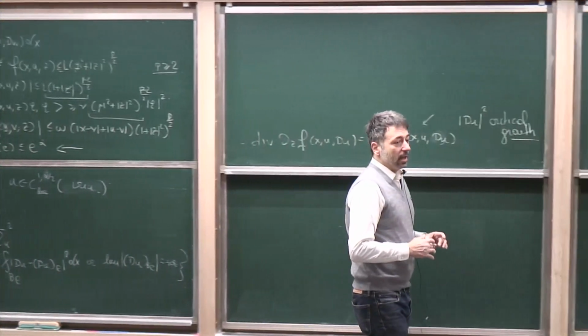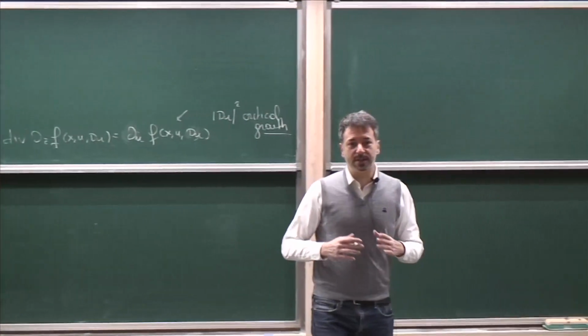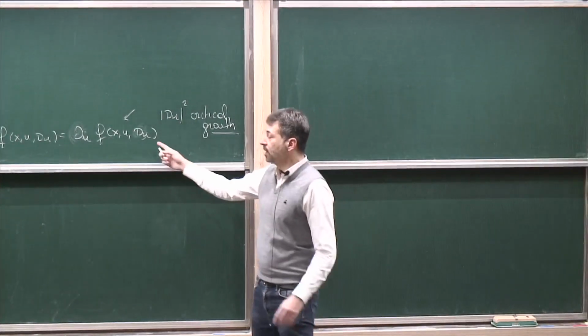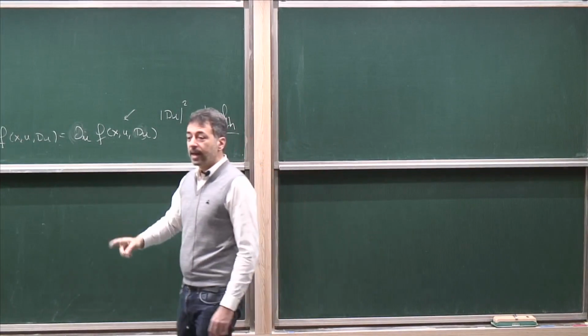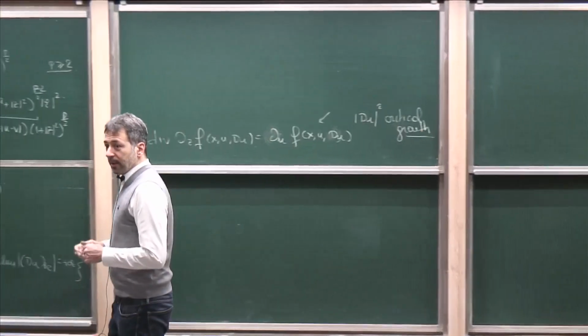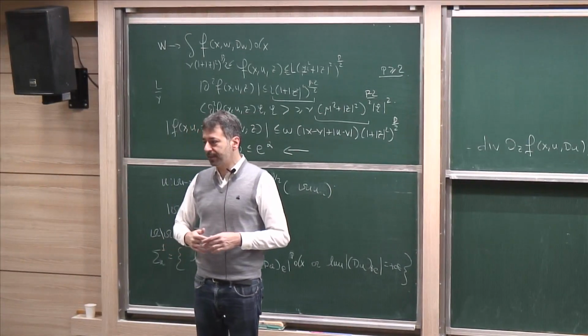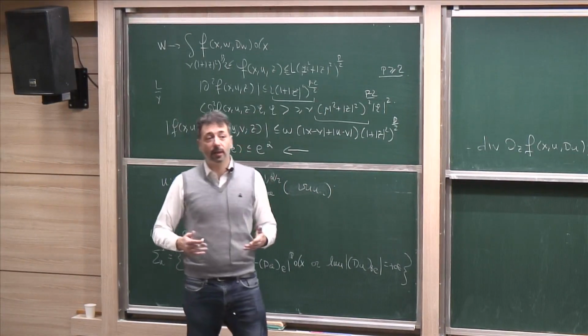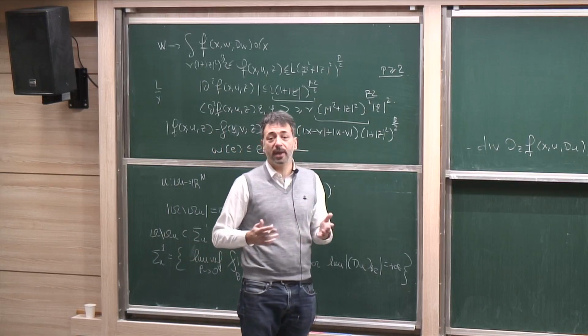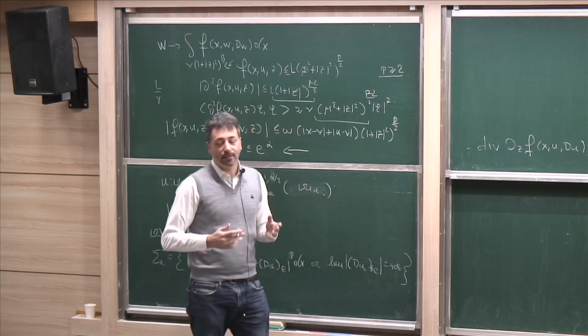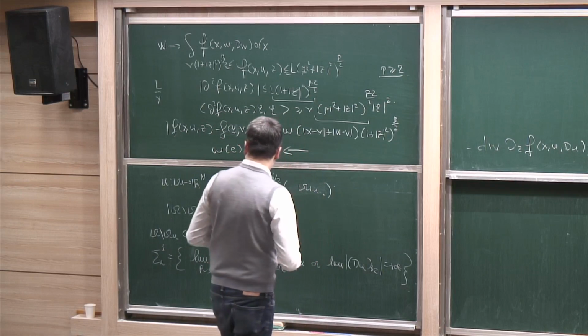If you just use that a function is a critical point, that it solves the Euler-Lagrange equation, you may come up with very little, with nothing actually. But if you use directly the minimality properties, then you can show that minimizers are regular.